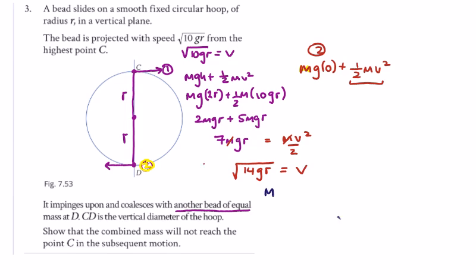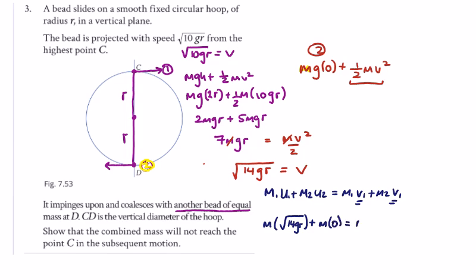So now if we apply conservation of momentum, m1u1 plus m2u2 is equal to m1v1 plus m2v2, which is going to be v1 as well. It's going to be the same speed as they coalesce. So we have m, they're both m, so m by the square root of 14gr, plus the second one, well, that's starting from rest, so we have a 0.